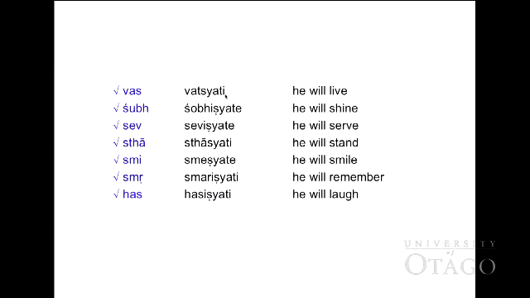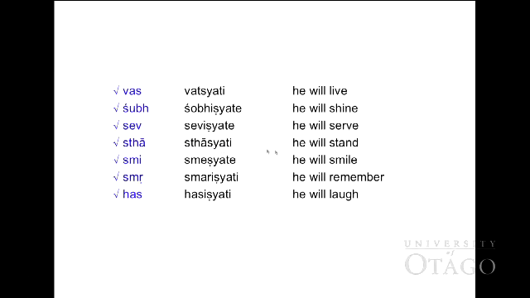So it is the third person singular, and you have to decline all these verbs like the present indicative. I will show you an example, such as he will stand. You will write sthasyati, and if you want to change from he will stand to they will stand, you have to change from sthasyati to sthasyanti.